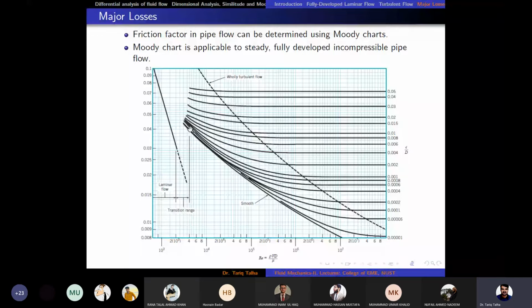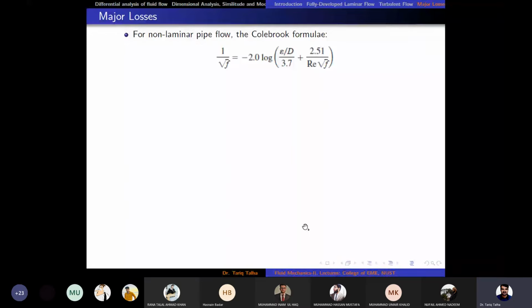So for that he gave us this relation from which we can calculate the friction factor value.